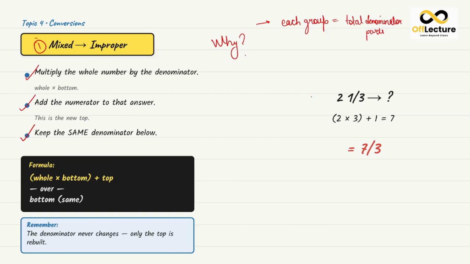Let's suppose we have the mixed fraction 2 wholes and 1 by 3. We multiply 2 and 3 and add 1 to it, which is the numerator, so we get 7. My new numerator becomes 7 and the denominator remains as it is. So my mixed number is now converted into an improper fraction.